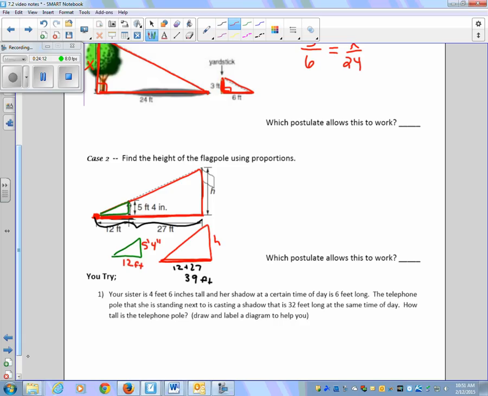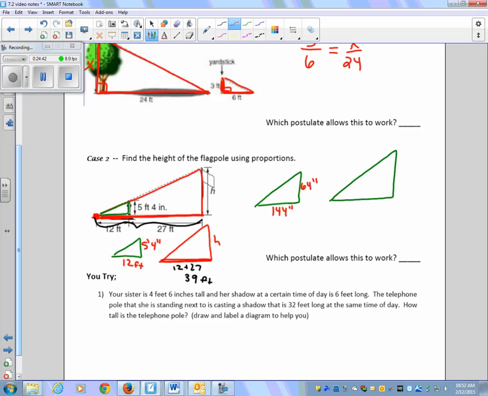For this one, 5 feet 4 inches gives us an indication that we're going to have to put everything either into feet or everything into inches, so that everything is in the same unit. 5 feet 4 inches is 64 inches. 12 feet is 144 inches.